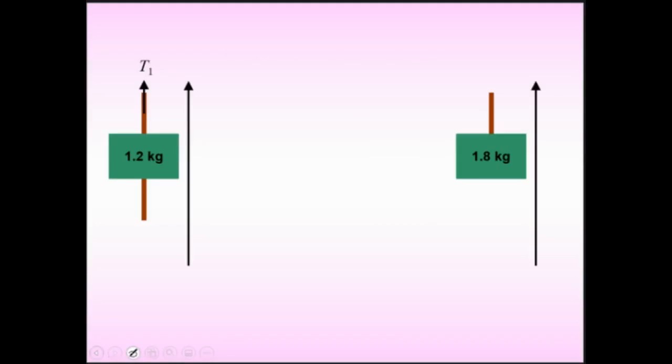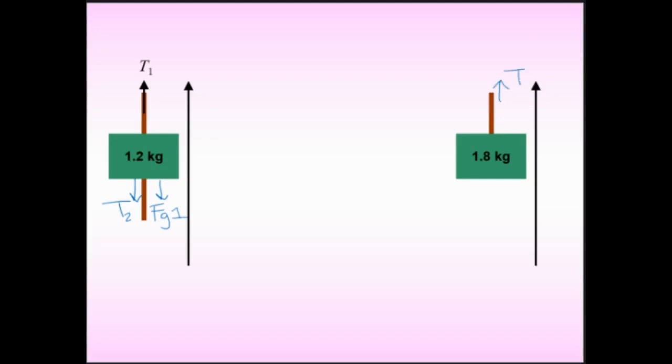Oh, sorry. Okay, everyone. So this one was subject to T1, but also what here? Tension T2, and FG, did we call it 1 or 2? We called it 1. All right. And this one, what was pulling up?